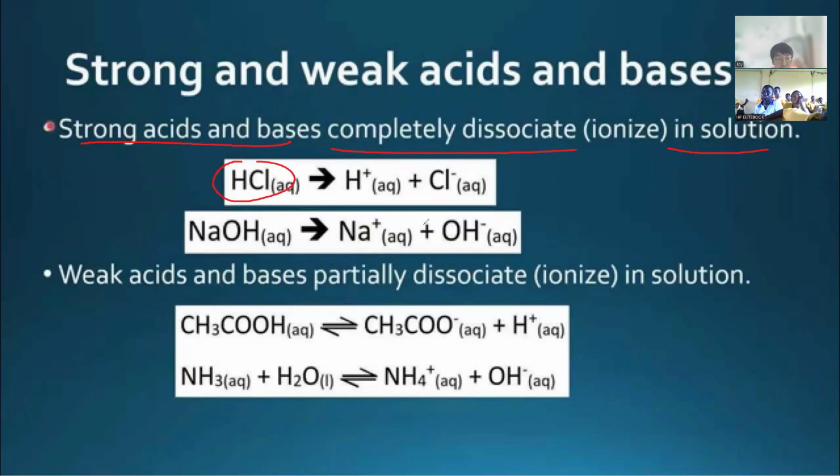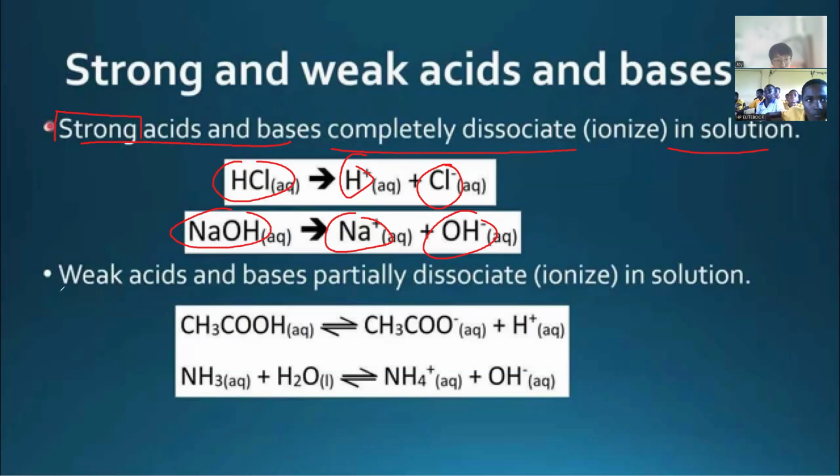So HCl was an example that we looked at, completely separates into hydrogen ion and chloride ion. But we also have NaOH, sodium hydroxide, which we looked at already. It separates into sodium ion and hydroxide ion. Since they completely dissociate into ions, they are called strong acids and bases.